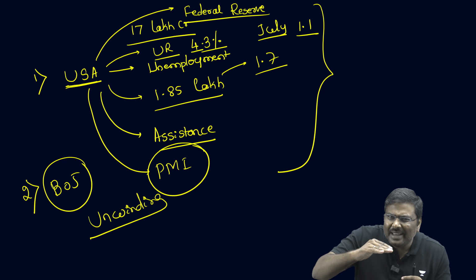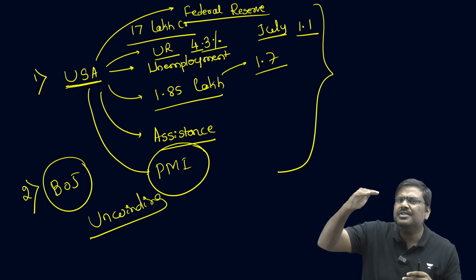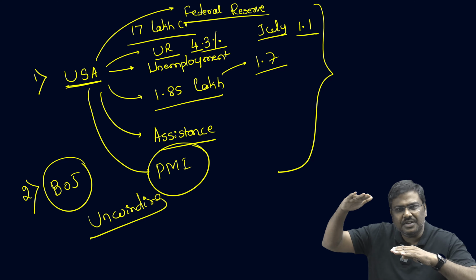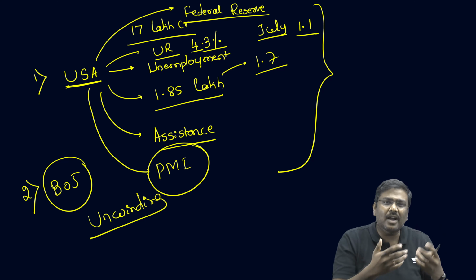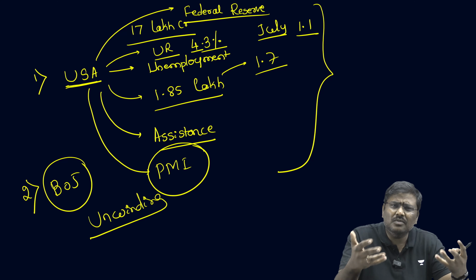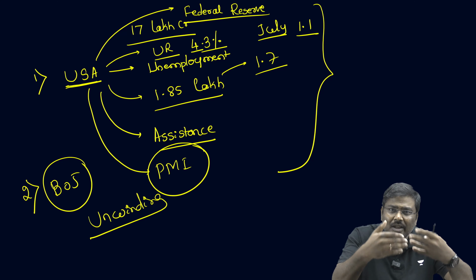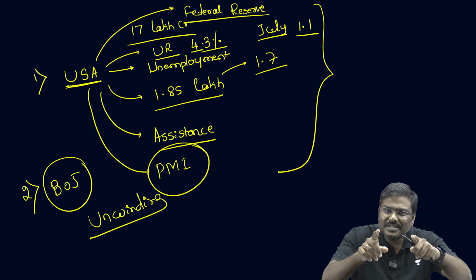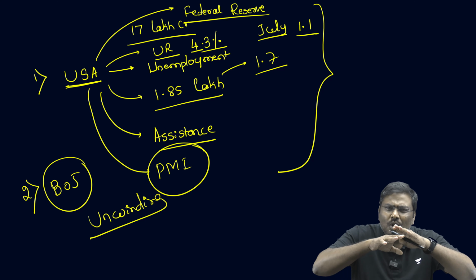Now with the Bank of Japan increasing the interest rate to 0.25, investors are worried about increased interest rates in Japan. They are selling off, basically unwinding their positions. They are selling off their investments, and that has led to a sell-off in the global market, including the USA market, and now this has spread to the NSE as well as the BSE. That's the second very important factor.